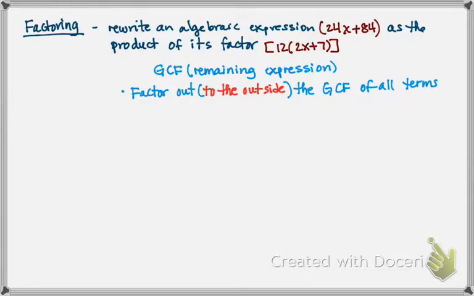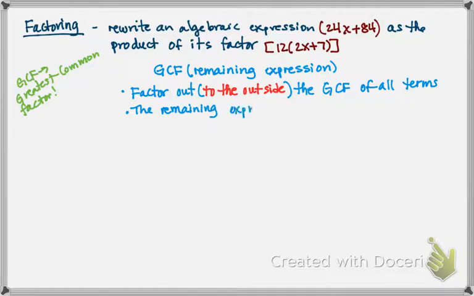Okay. So I'm going to write GCF over here just in case you forgot what it was. I'm going to say GCF, greatest common factor. Okay. Then the remaining parenthesis, or the remaining expression, stays inside the parentheses.